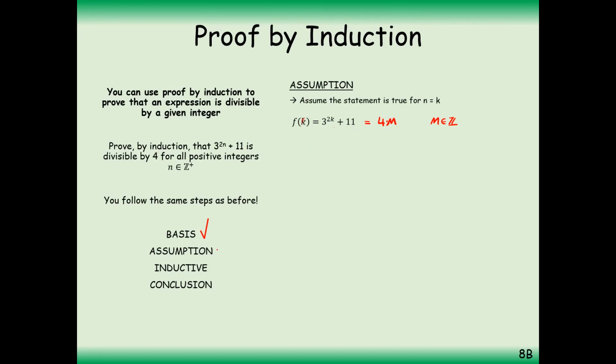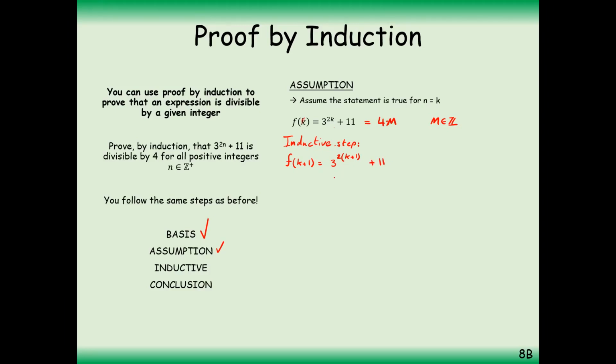Now, for the inductive step, we need to clearly indicate that we are moving up to the inductive stage. So we are going to substitute k plus 1 into the formula and look at what we will get. Instead of k, we're going to use a bracket here and write k plus 1 wherever the k was, and write the rest of the formula.